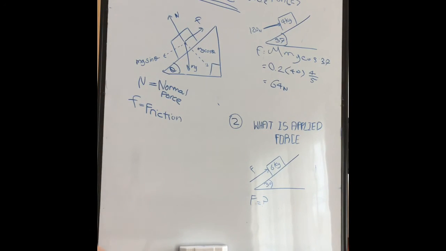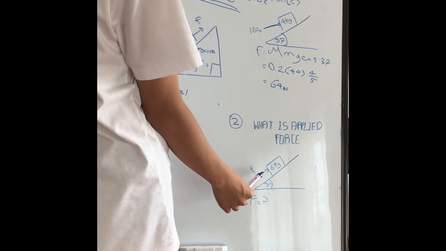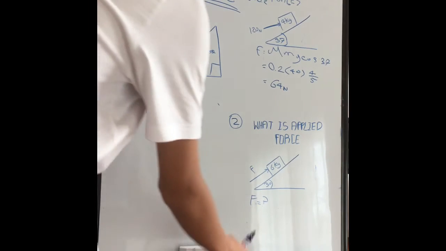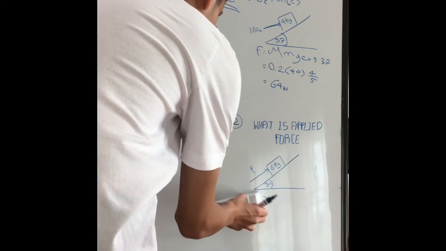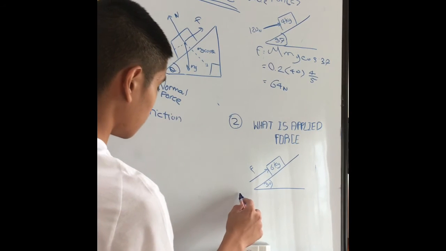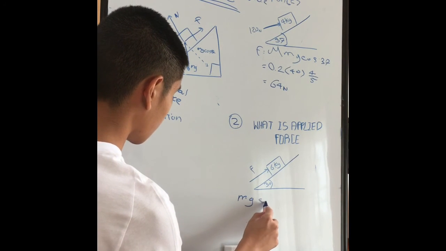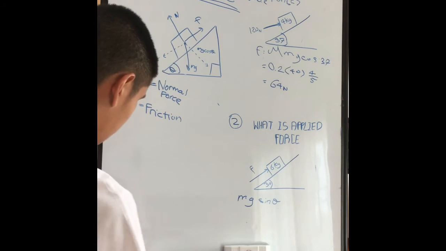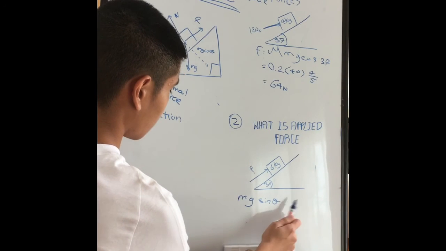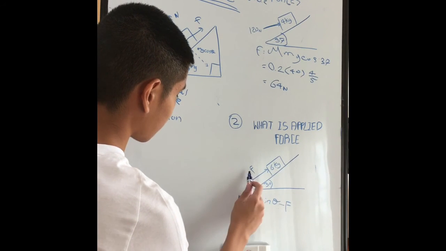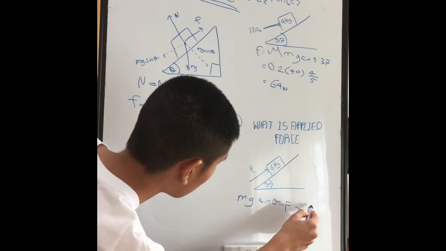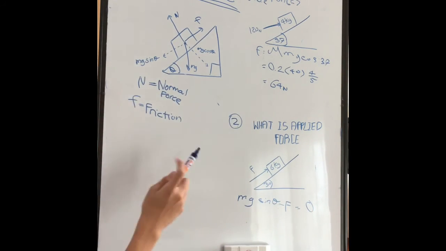Then, if you want to find the applied force on the inclined plane, we need to use mg sine theta minus the force that we apply equals 0, to find the applied force.